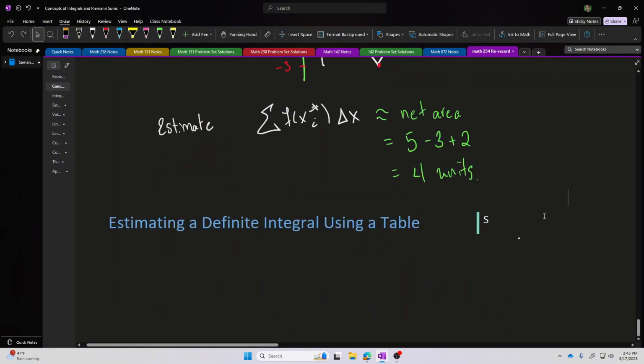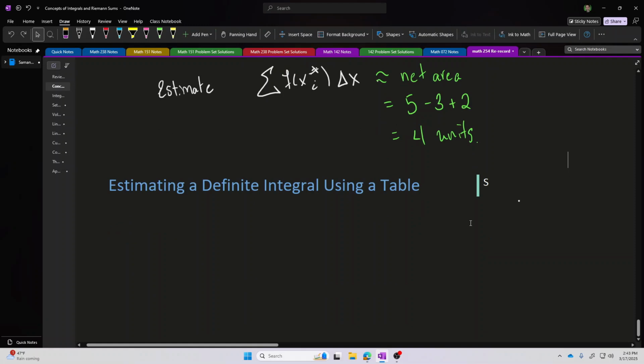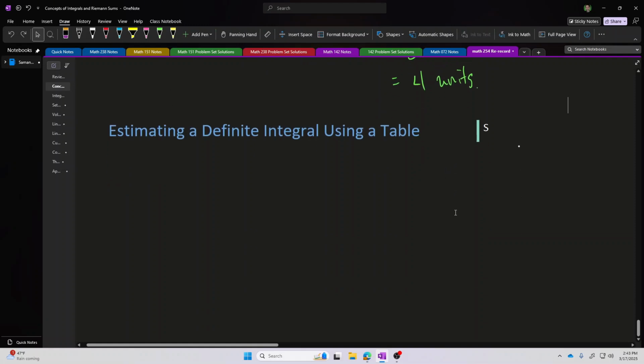For one other non-standard method that's used to estimate definite integrals, we can also estimate definite integrals by setting up tables for the function that we're integrating and creating a Riemann sum for that function.